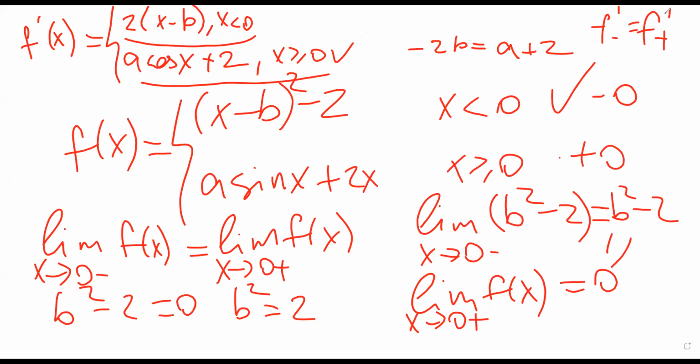So the left side derivative should equal the right side derivative. Put 0 instead of x in the first part of f prime x, and it will be minus 2b. Similarly in the second part, a cosine x plus 2, put 0 instead of x, and it will be a plus 2.